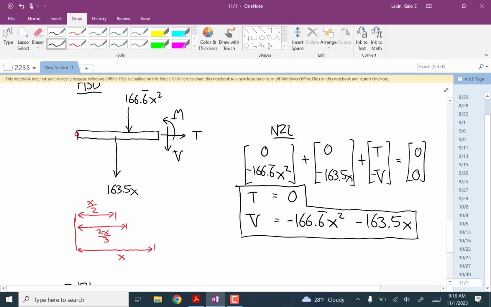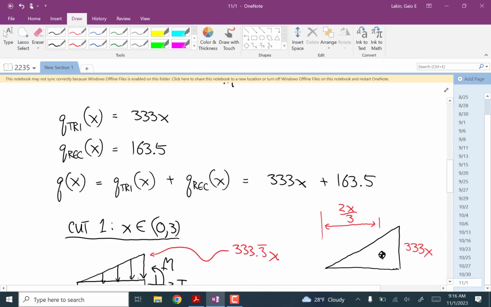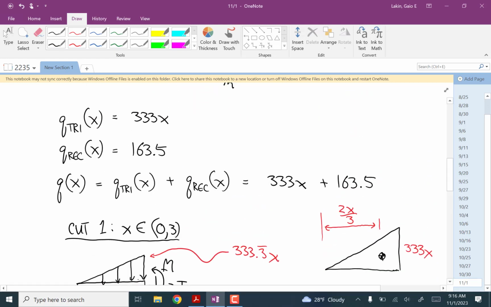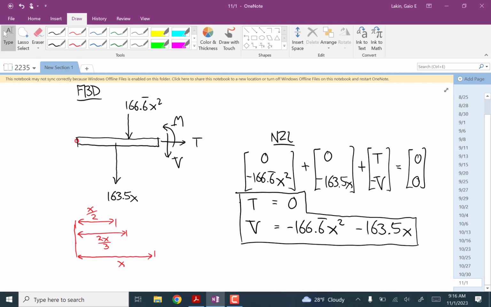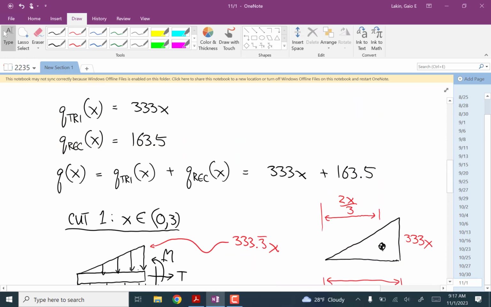So negative d/dx of this first term is positive 333.3 repeating x, and if we go all the way up to our total q function, we have that term. And negative d/dx of this second term is positive 163.5. And we have that.